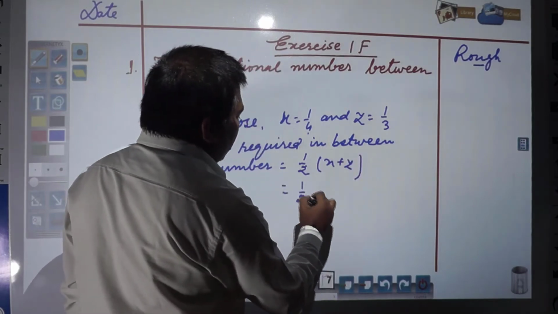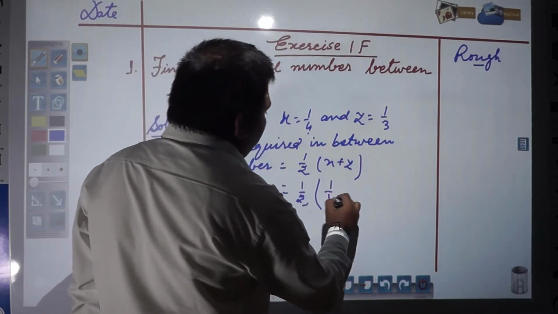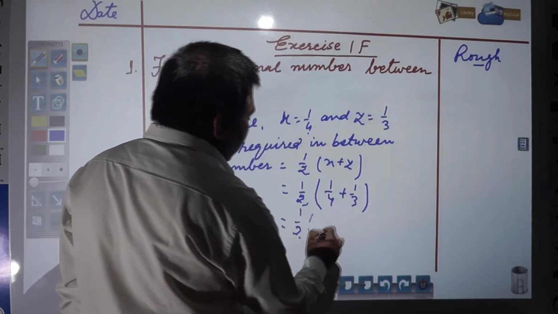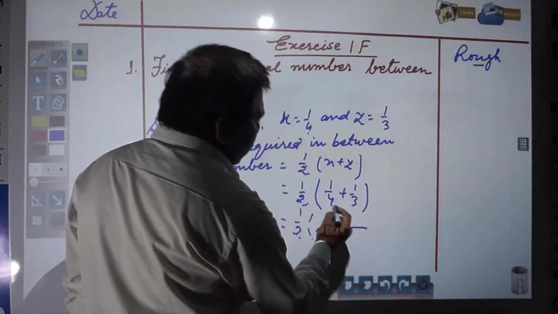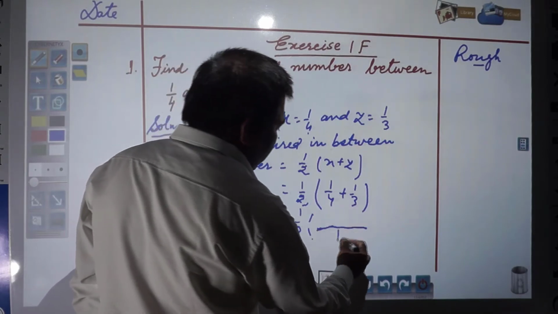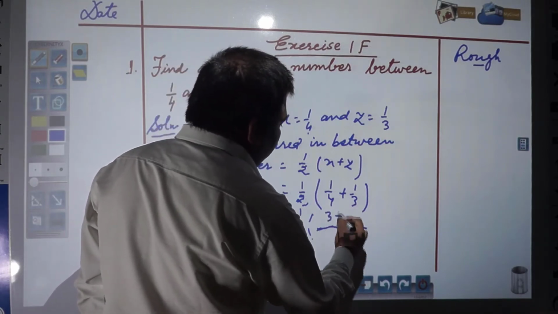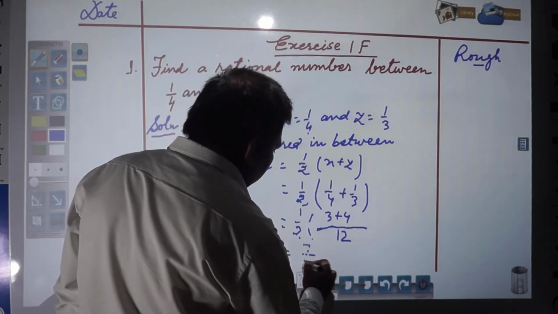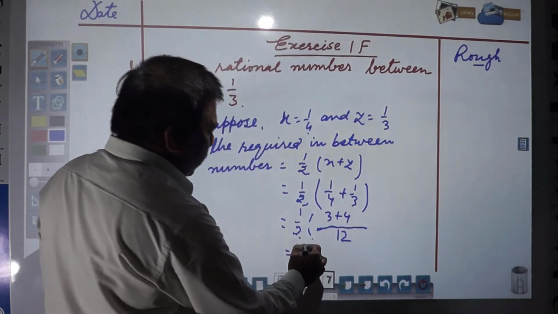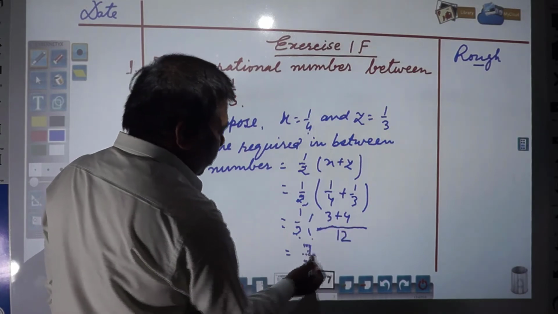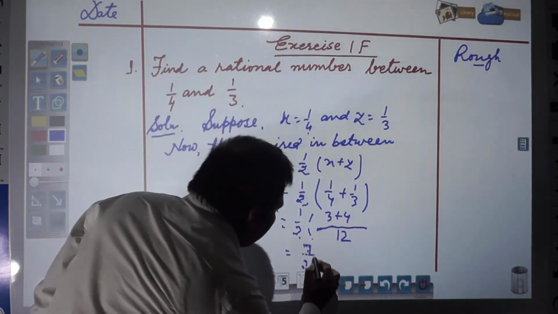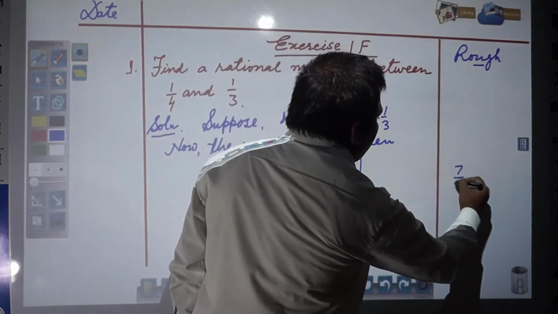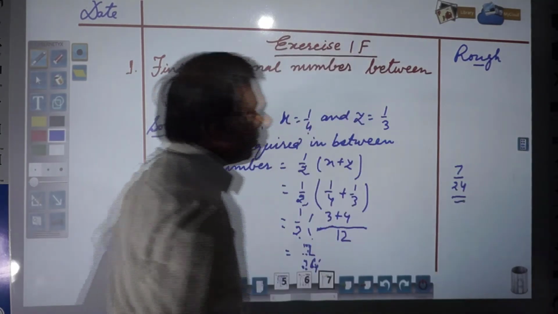So this will be 1 by 2 times 1 by 4 plus 1 by 3. Now here you see, the LCM of 4 and 3 is 12. So this will be 3 plus 4, and finally you got 7 by 24. 3 plus 4, 7, divided by 24. 7 by 24 will be your answer.